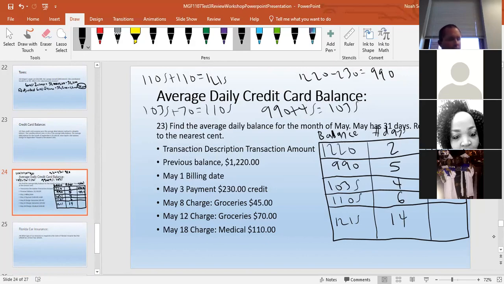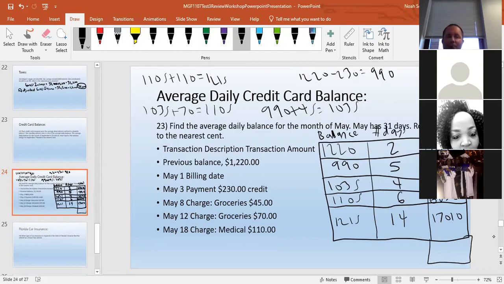Then you have 1035 times 4. That's 4140. Then you have 1105 times 6. That's 6630. Then you have 1215 times 14. And that's 17010.